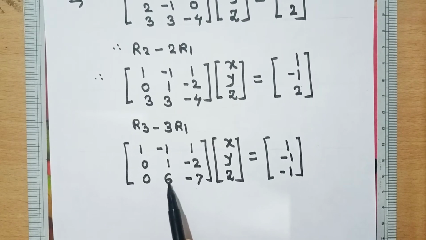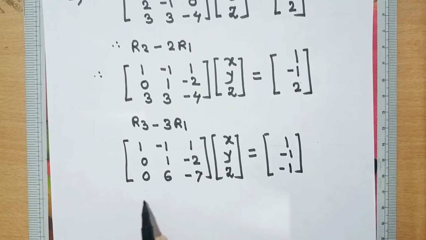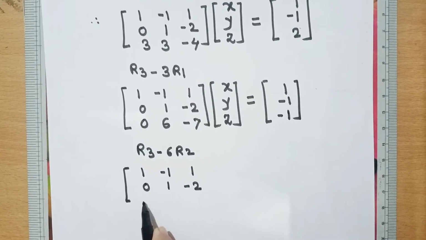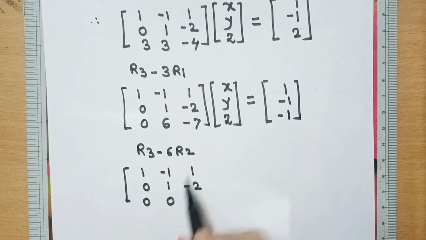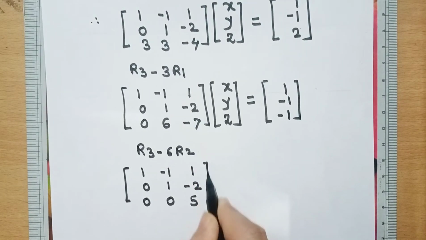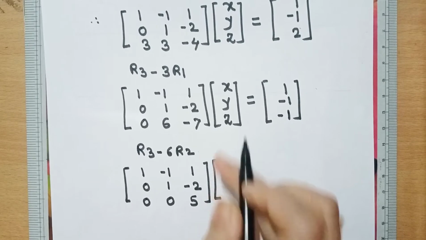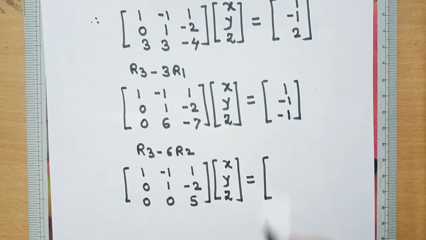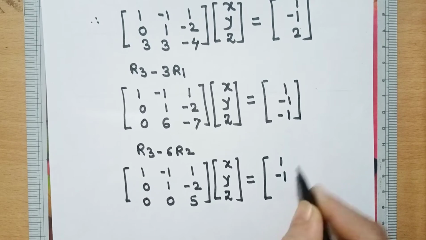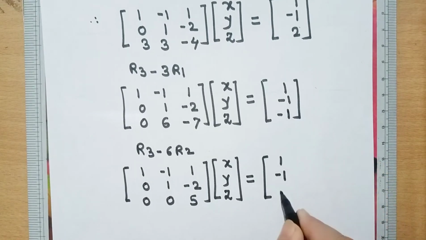We will make this element 0, and therefore R3 minus 6R2 gives 0, here also 0, minus 7 plus 12 is 5, this as it is, 1 minus 1, minus 1 plus 6 is 5.